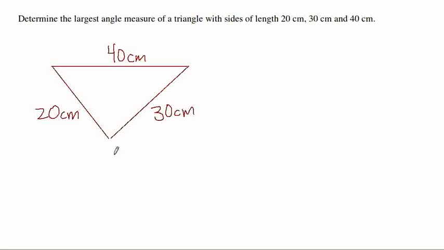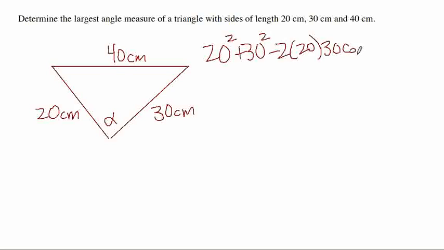All right, so using the law of cosines, by the way, let's call that angle alpha. So 20 squared plus 30 squared minus 2 times 20 times 30 times the cosine of alpha, that's equal to 40 squared.